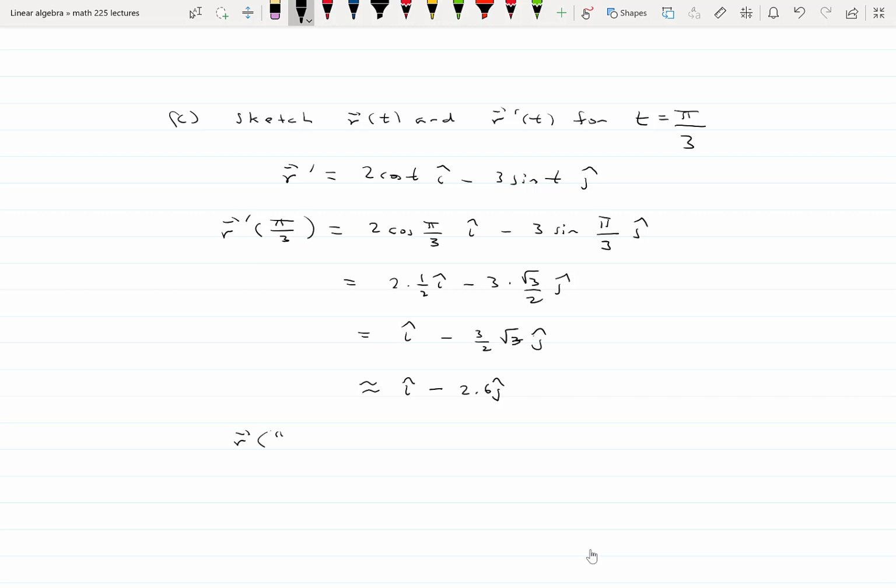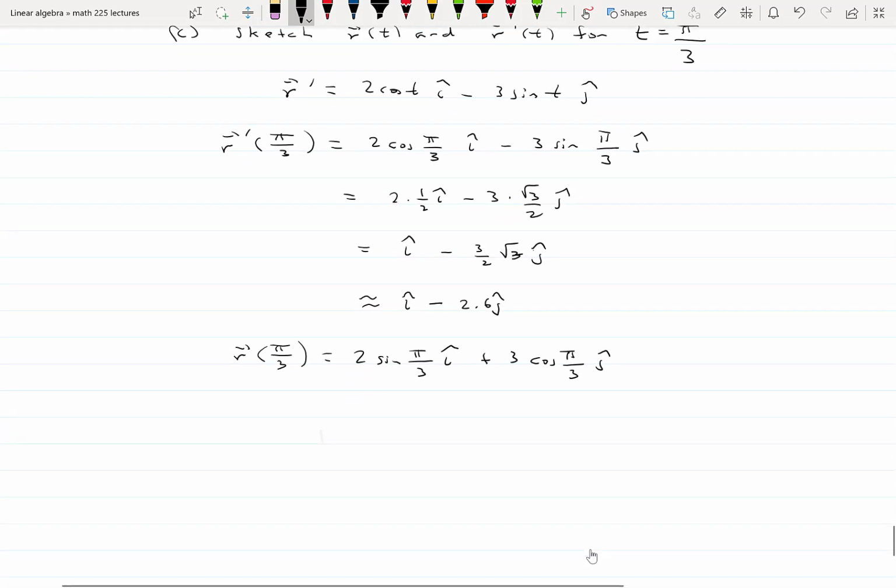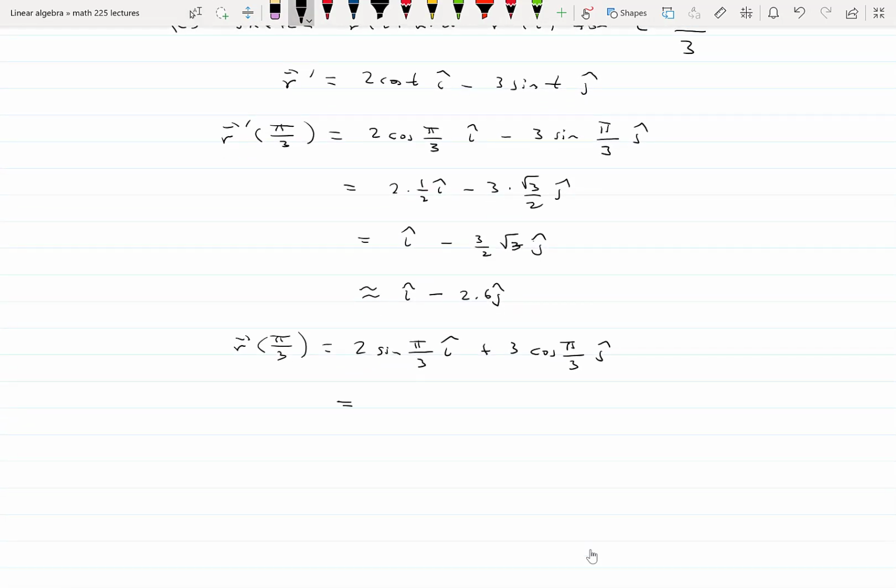I'm kind of going backwards here, finding r prime first. r of pi over 3 is 2 times the sine of pi over 3 i plus 3 times the cosine of pi over 3 j. The sine of pi over 3 is still radical 3 over 2, so this is radical 3 i. The cosine of pi over 3 is still 1/2, so minus 3/2 j. And radical 3 is approximately, what is radical 3 approximately equal to?